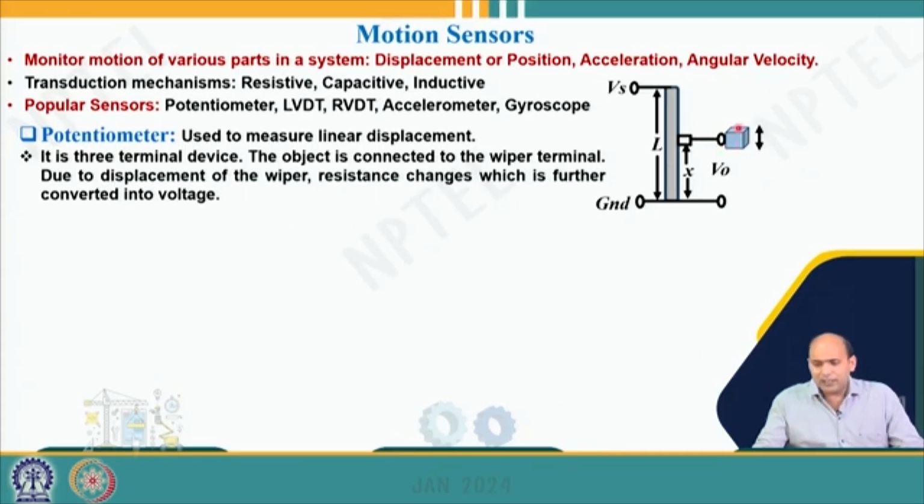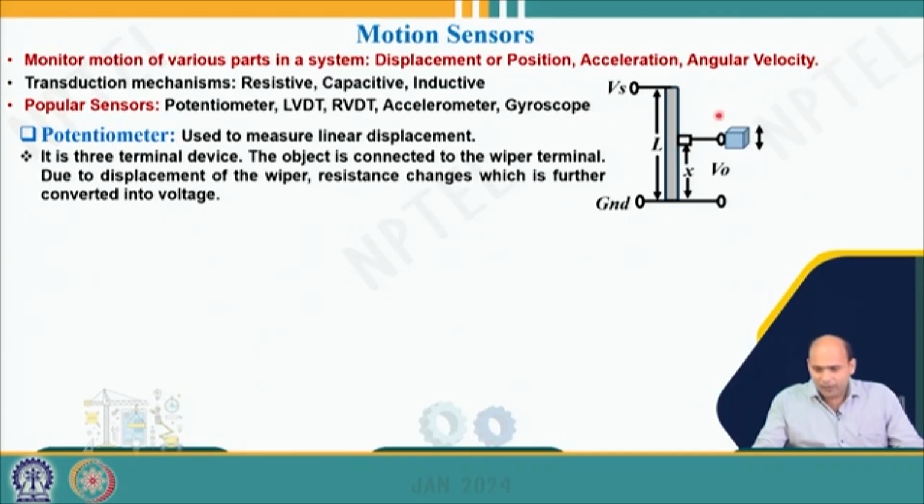Suppose this one is the object whose displacement I want to measure. Then what I need to do is connect this object to the wiper, and when the object moves, since the wiper is connected to the object, the wiper will also slide across its length, is not it? And essentially this potentiometer is a resistive element.